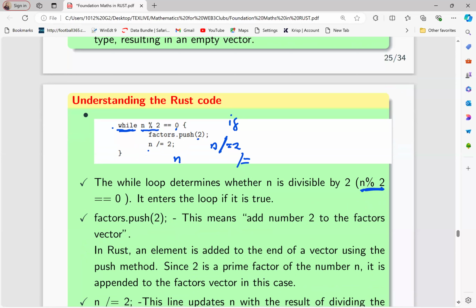If 2 divides n, if n is divisible by 2, then you enter inside and you meet this factors.push(2). It means add 2 to the factors. Let 2 be a factor. Add it to the factors.